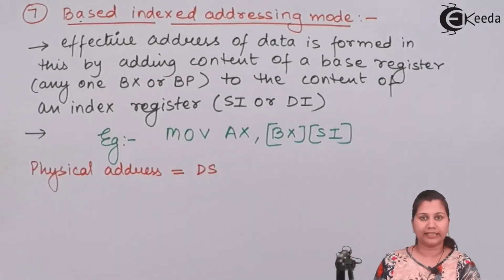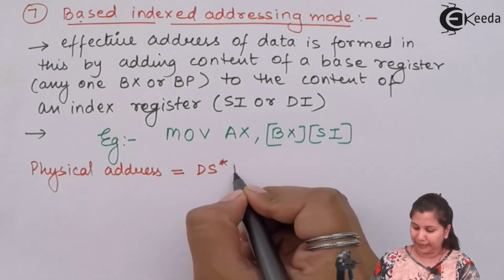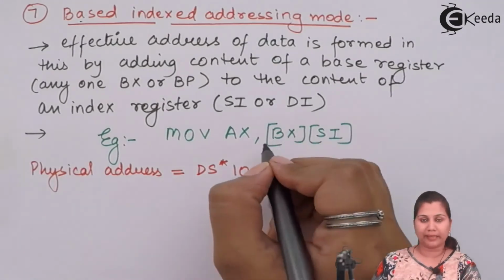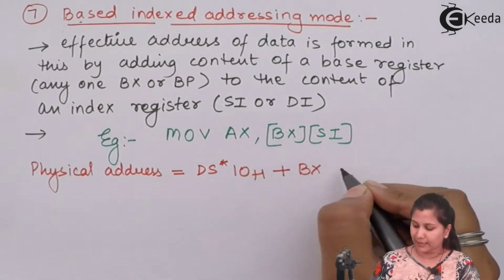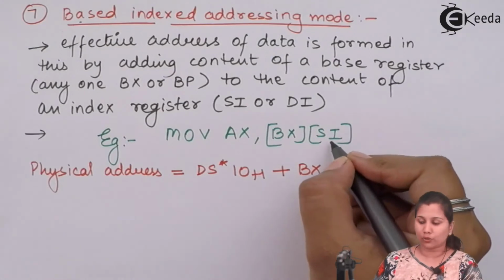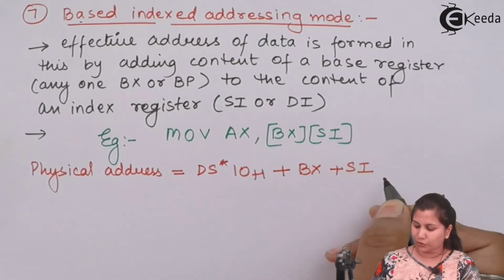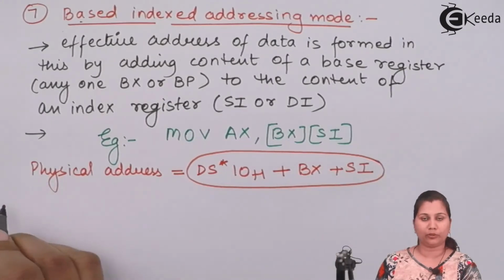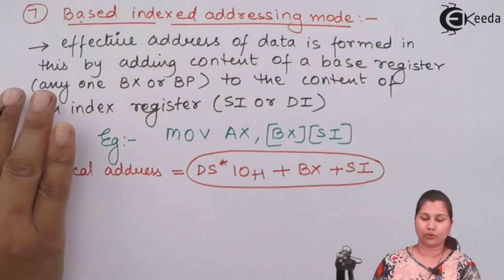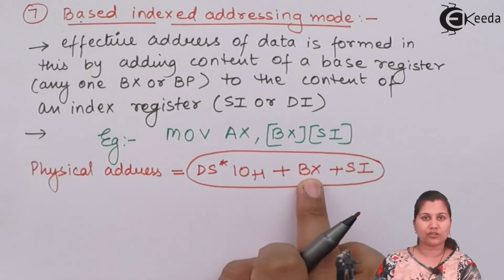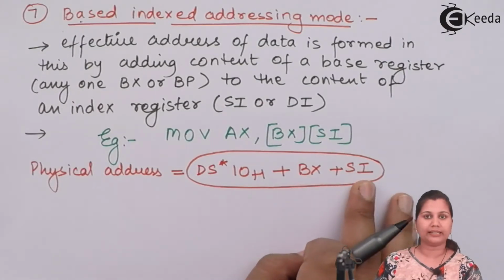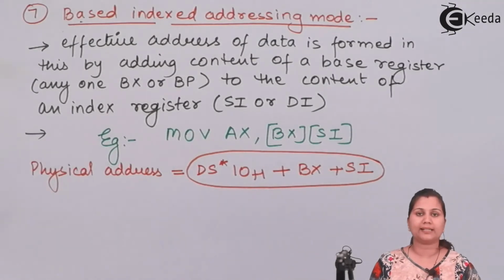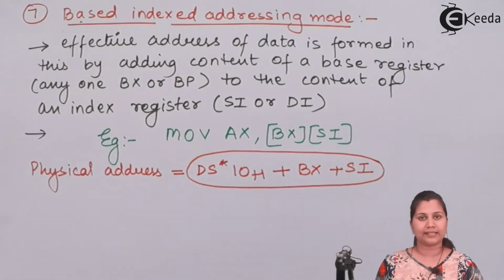Suppose we are using the data segment, that will be multiplied with 10H plus the contents of the base register, that is BX, plus the contents of the source index, SI. This completely forms the physical address of the memory location where the data is stored. So we are using a base register here, and we are using an index register also. This type of addressing mode is known as the based index addressing mode.